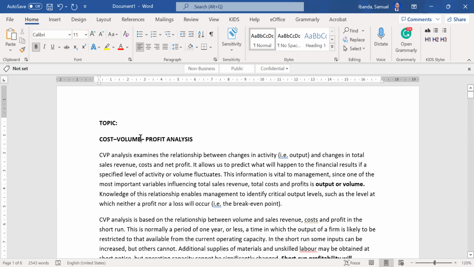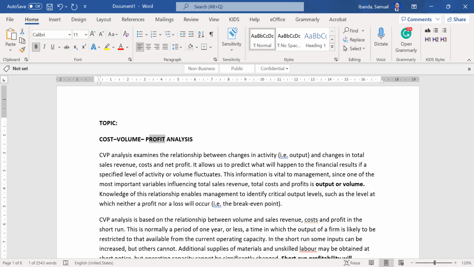Volume, in this case, represents quantity. And profit, we know, is total revenue minus total costs. So we want to see how cost and profit vary with volume.